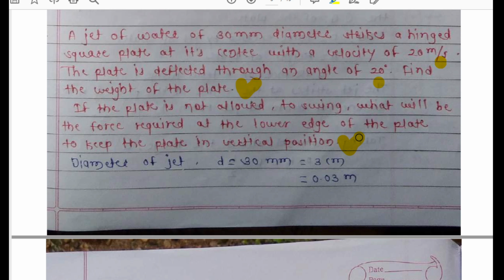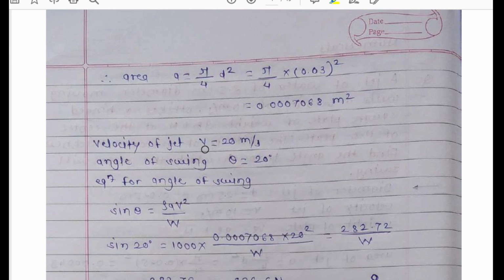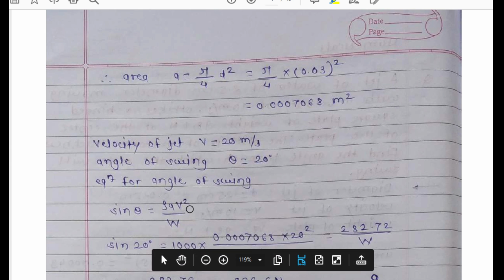Now, they have given the diameter of the jet, that is 30 mm. We have to convert this into meters, 0.03 meters. From that we can find out the area. Okay, area of plate, velocity, and angle of swing are given. So the weight of plate can be easily calculated by the formula for angle of swing, that is sin theta equals rho a v square upon w.